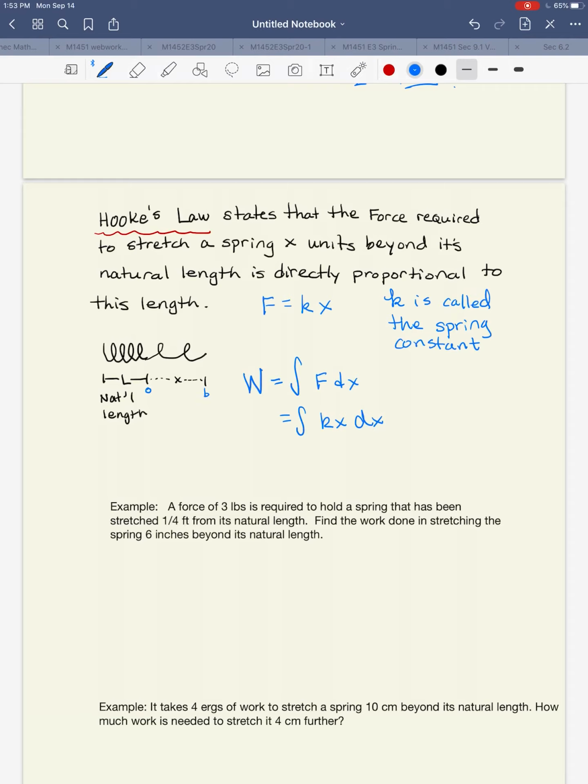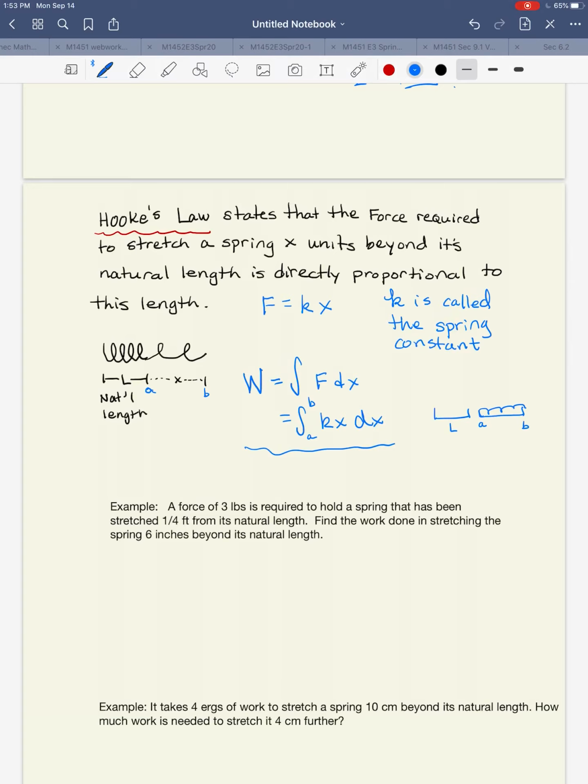Or if I'm going from a certain level beyond its natural length, then I can say that I'm going from a to b, where natural length corresponds to the origin. So there's the natural length, and then we're going to take it from a units beyond its natural length to b units beyond its natural length. That's the stretching amount. So work is equal to k times x dx.